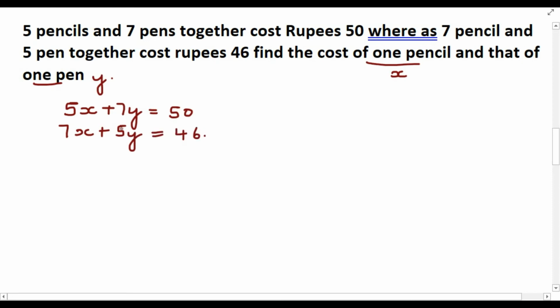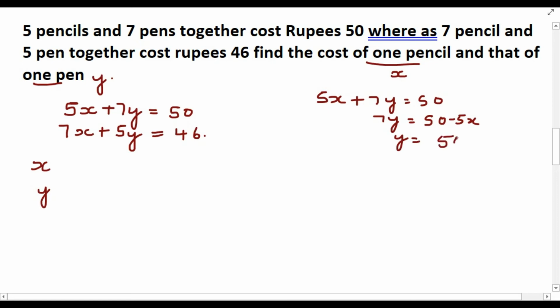Now we need to solve these equations by the graphical method. So for that we need to prepare the table. We can assign values for X and Y. We will take the first equation, 5X plus 7Y equal to 50, or 7Y equal to 50 minus 5X, or we can say Y equals (50 minus 5X) divided by 7.